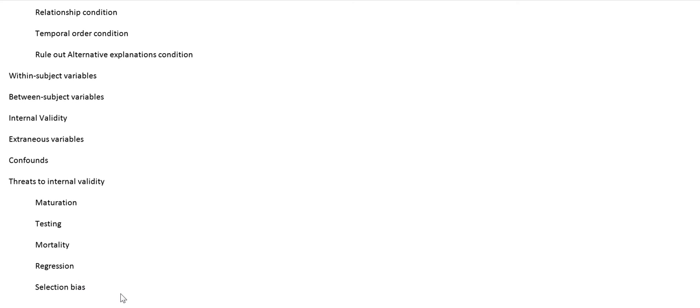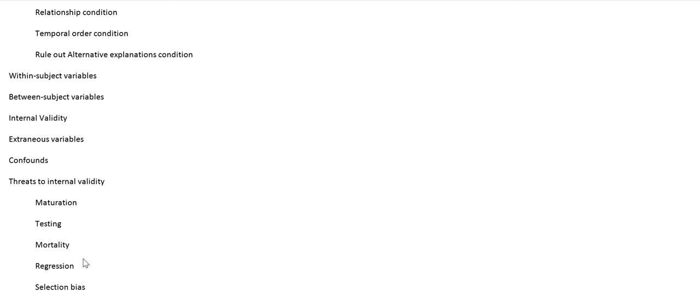So if you have people in one group who are maturing at a faster rate than people in another group in your experiment, then you can have a maturation threat, basically an interaction between maturation and the experimental condition.